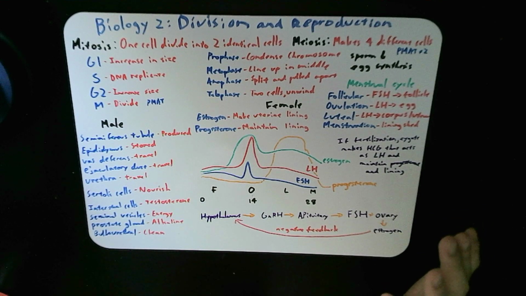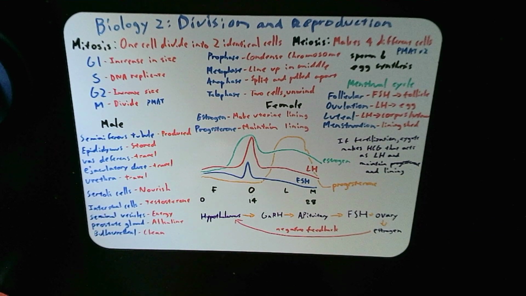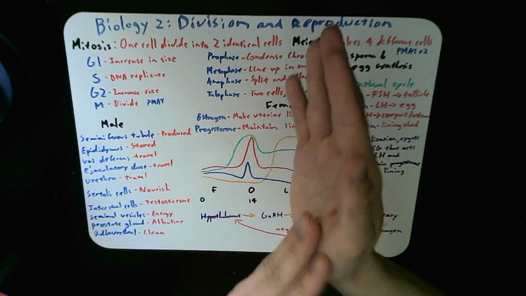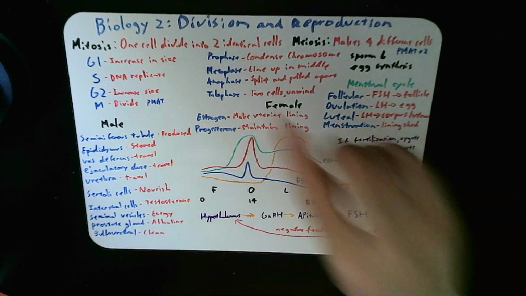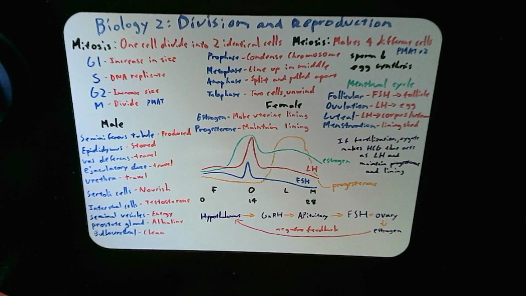So all of the eggs are already produced when a female is born, and once per month, one egg will be continued from meiosis 1, but be arrested at metaphase 2, because they don't want to progress past metaphase 2. Remember, during metaphase, they are all lining up, and if they progress, they start splitting. They want to wait for the sperm to arrive and deliver all the DNA content before they start splitting to form a zygote and split into more cells.